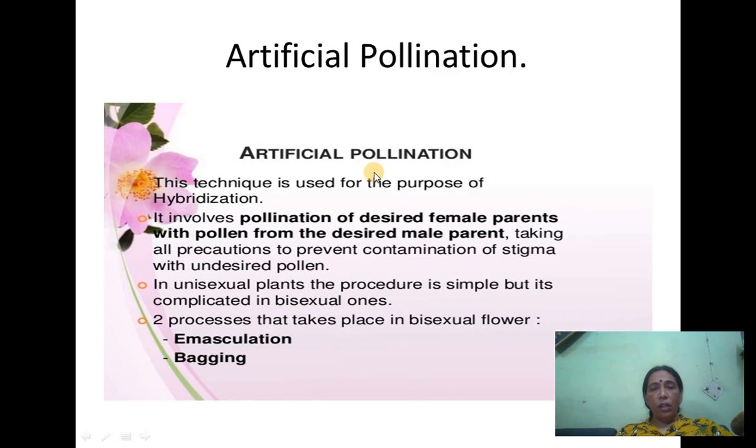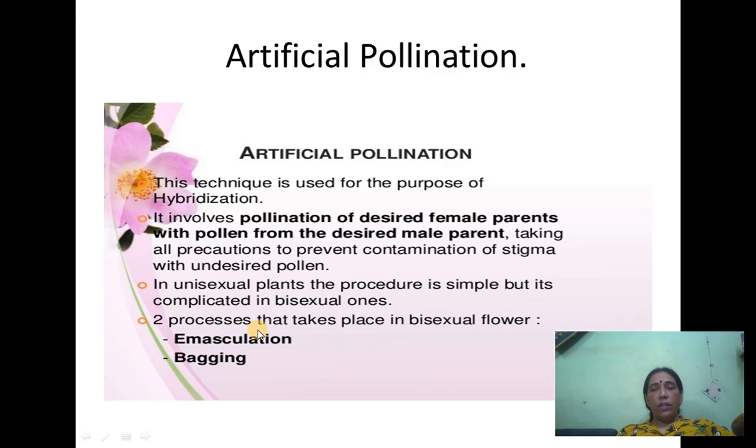Artificial pollination. Now this technique is used for the purpose of hybridization. It involves pollination of desired female parents with pollens from the desired male parents, taking all precautions to prevent contamination of the stigma with undesired pollens. In unisexual plants, the procedure is simple, but it is complicated in bisexual ones.